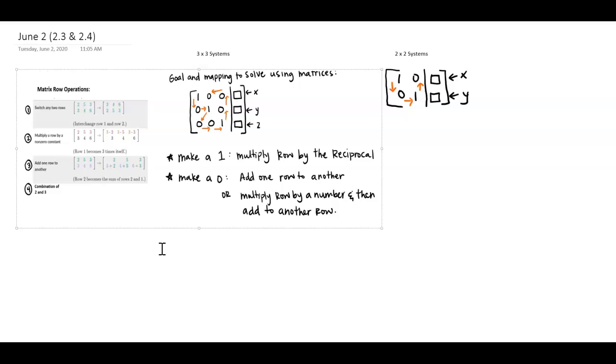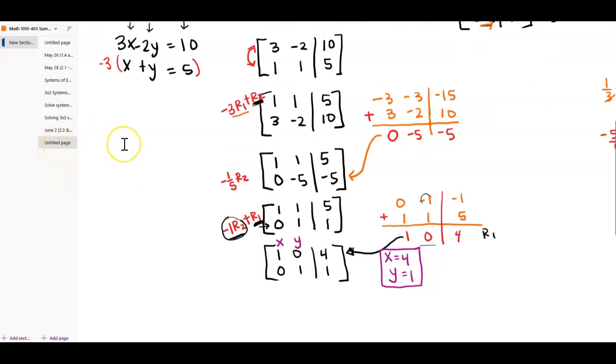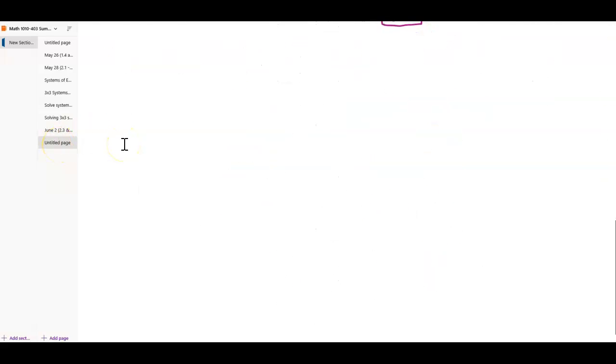I have some questions from 2.3, which is the 3x3s without the matrices. So maybe let's do that first. And maybe what I'll do, let me come back over here. I think I'll put it underneath here, just so when I do stuff on that other page, we can see the matrix stuff a little bit more.